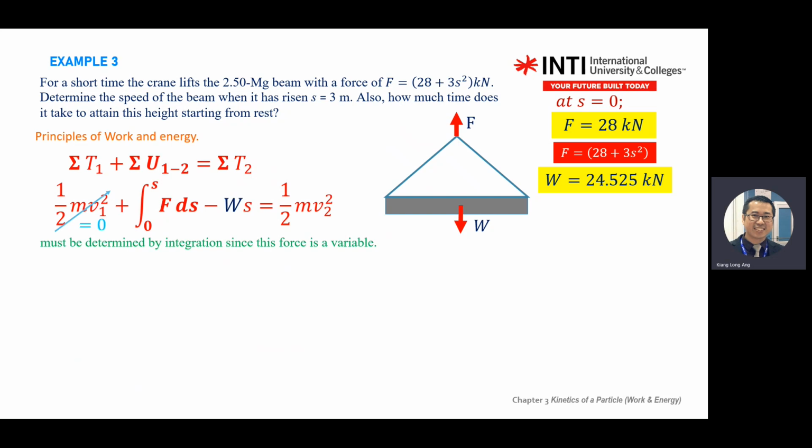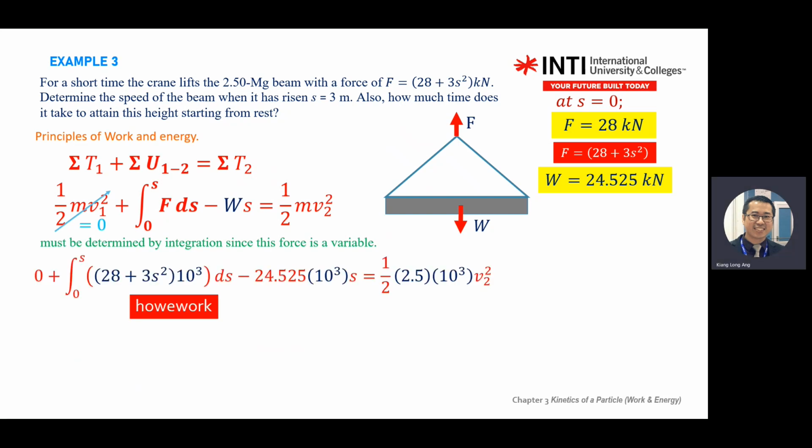Okay, first one 0 because velocity start from rest. You do integration. Okay, I show you already. This one. Remember to put in 10 power 3 kilonewton. Without this one, you will find the wrong answer.